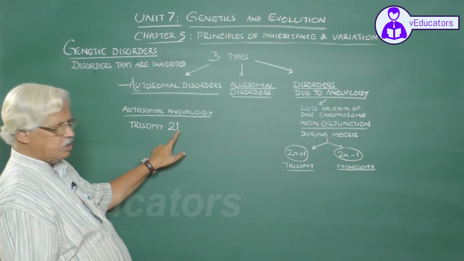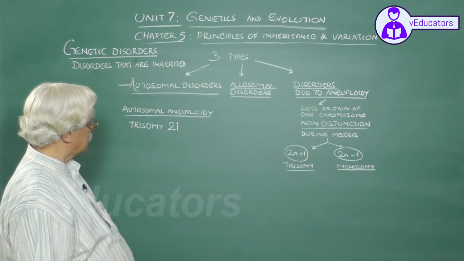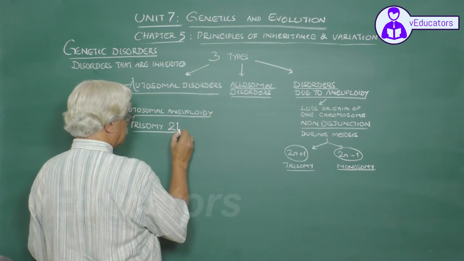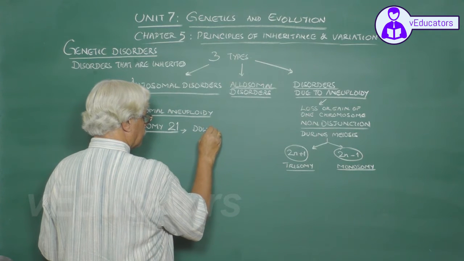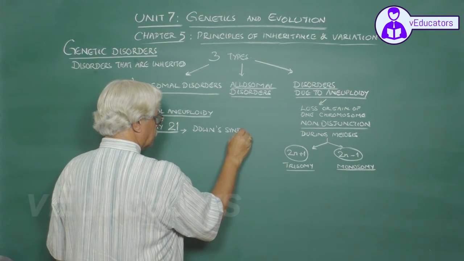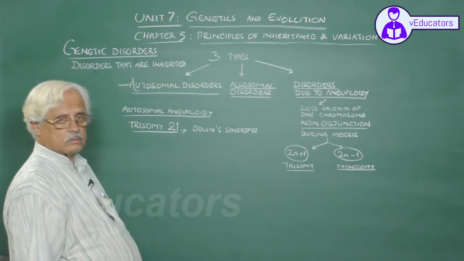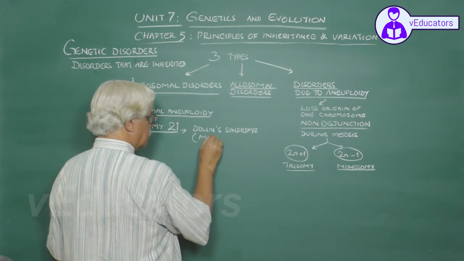Trisomy in the 21st pair of chromosomes. When there is a trisomy in the 21st chromosome, it causes a disease which is known as Down's syndrome. Earlier, it was called Mongolism.